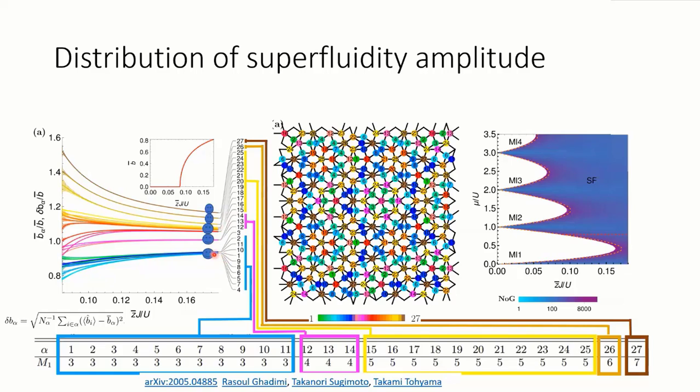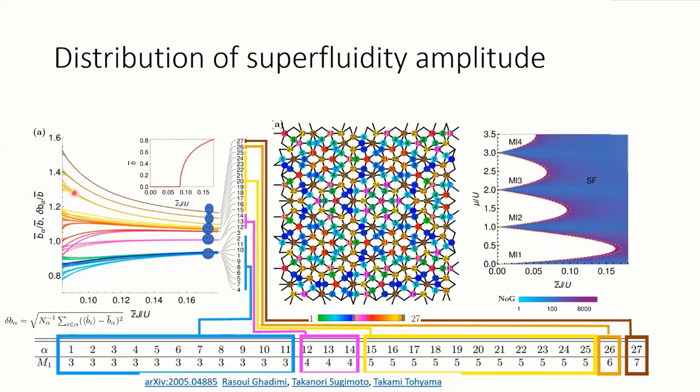But when you approach the phase transition from here, from the superfluid to the Mott insulating phase, you can see they degroup. I mean, the group structure is destroyed, and they take different values of the superfluid order parameter.